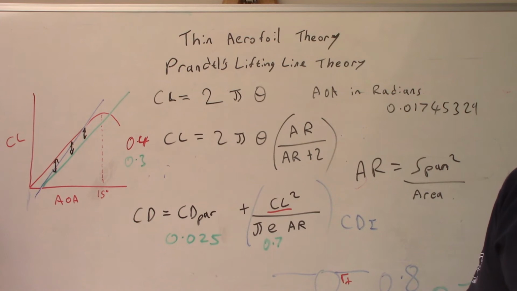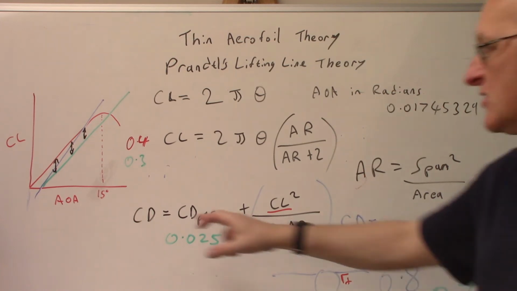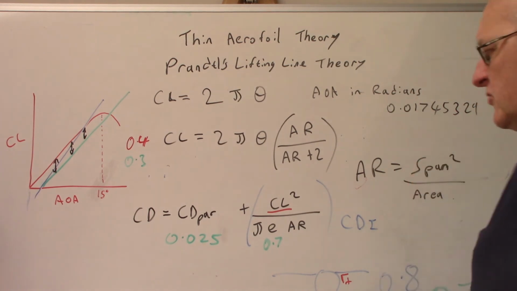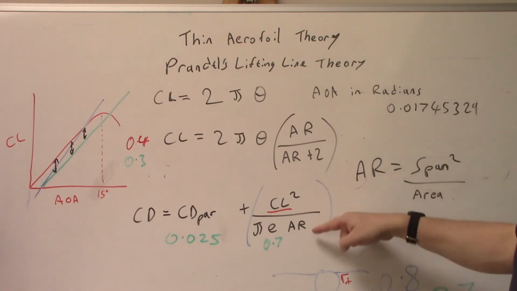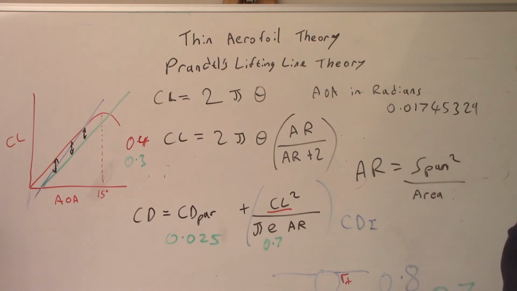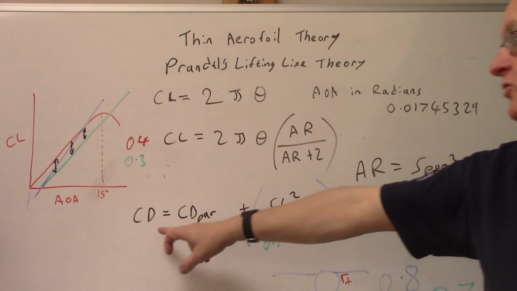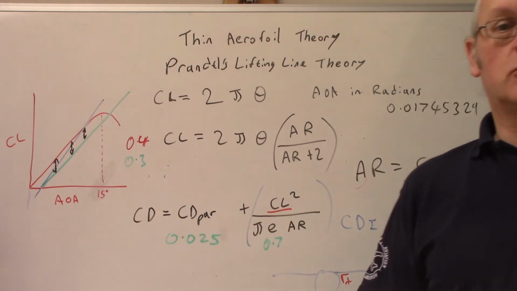If you use Prandtl's lifting line theory, we know that this coefficient of lift will be slightly low, and because it is on top of the equation, if this number becomes lower, then the total coefficient of drag will be slightly lower as well.